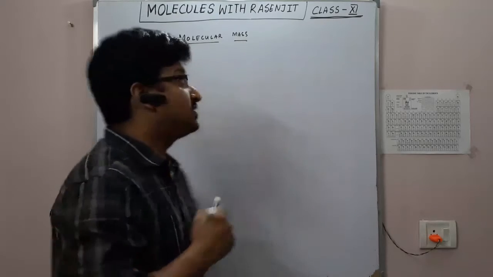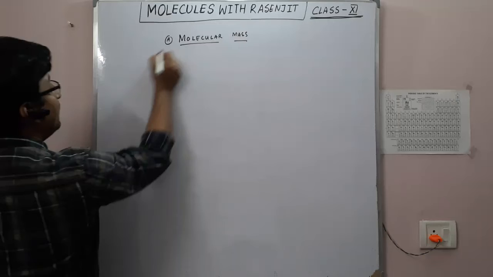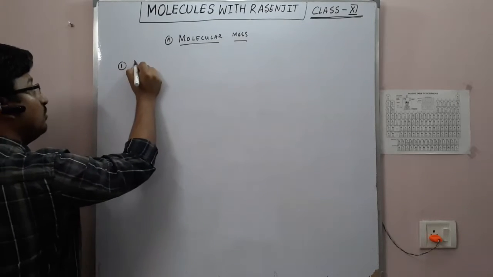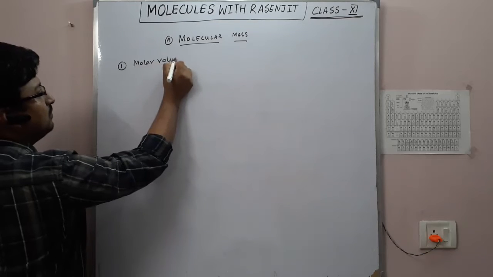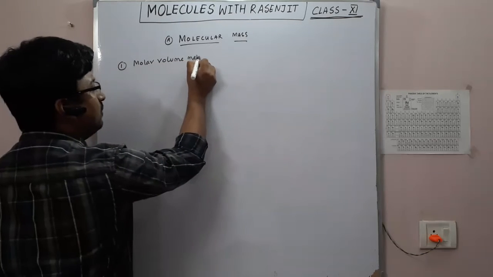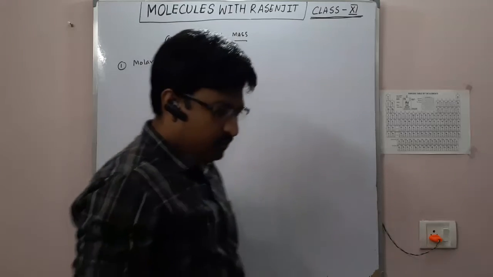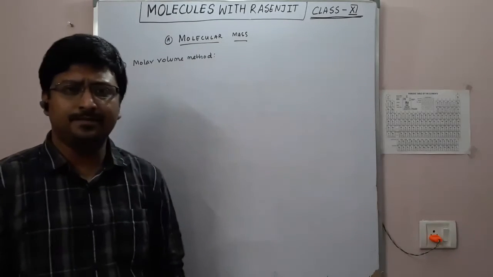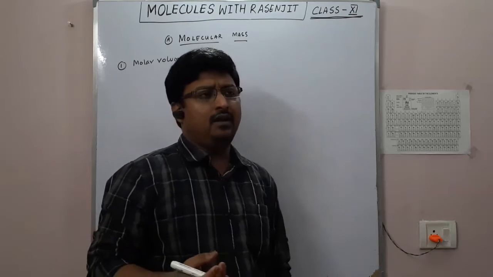Now, coming to the first one for the determination of the molecular mass: the molar volume method. Let's say you have an unknown substance and you know its weight.